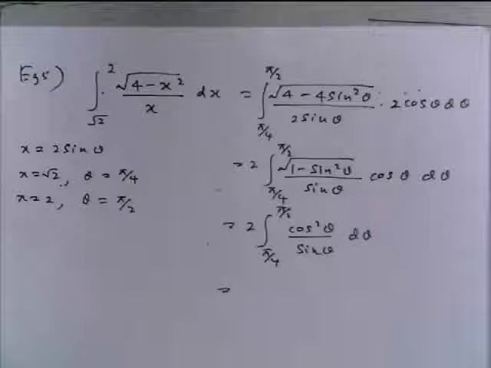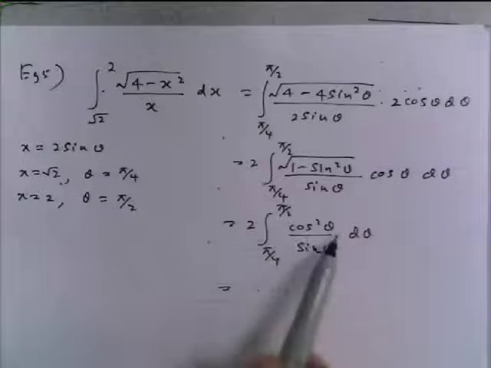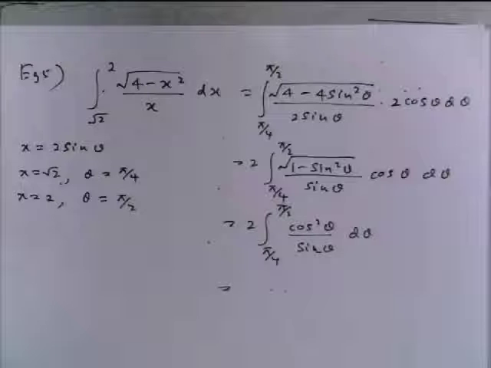Yeah, so what we can do? You can substitute for cosine theta. We can write this as cotangent and cosecant, but that's not going to help you. Cosine squared theta, 1 minus.